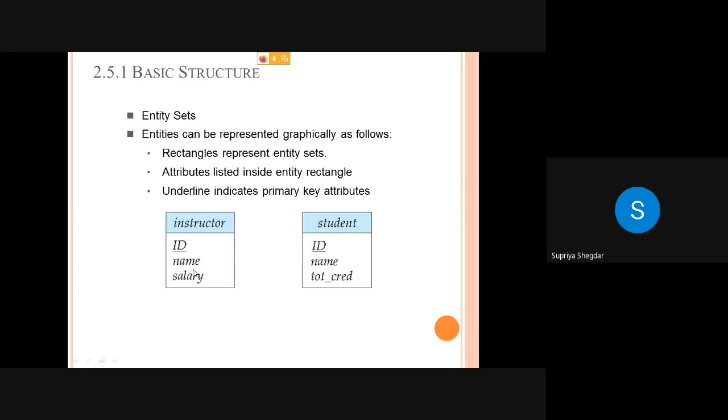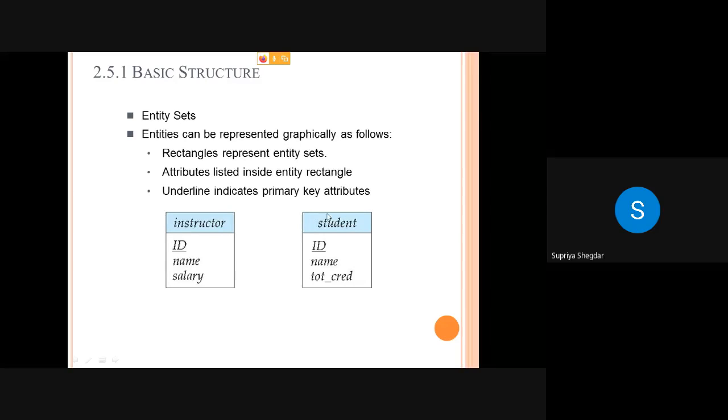And the ID, name, salary, and ID, name, total credit are the attributes of these entity sets. Means the entity set is represented by a rectangle, and at the top of the rectangle we give the name of that entity set, and below that we give the attributes of the entity set.